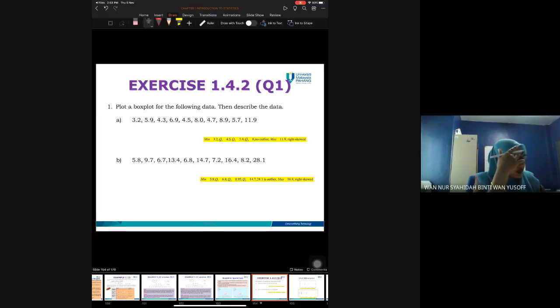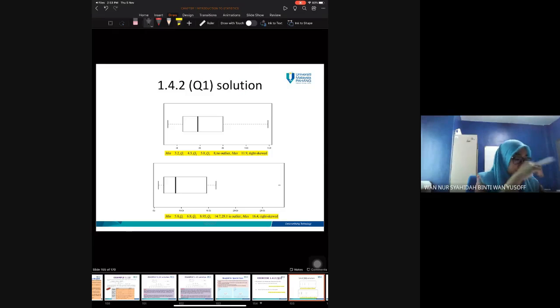So exercise 1.4.2, question 1, you have A and B. Here we have a single set of data, meaning that we have a single box plot on that axis. If you try question 1, you should get this box plot. In this answer scheme, we miss something.